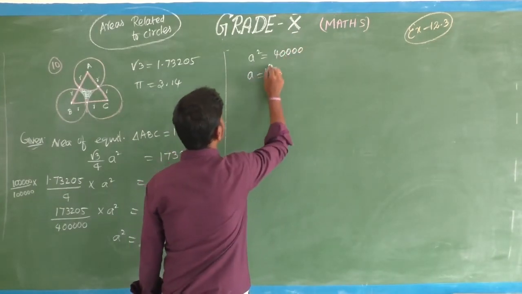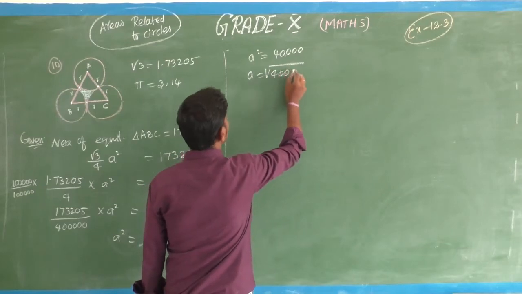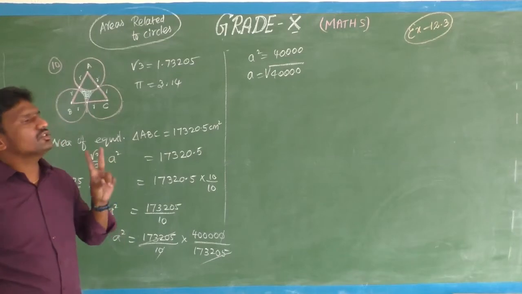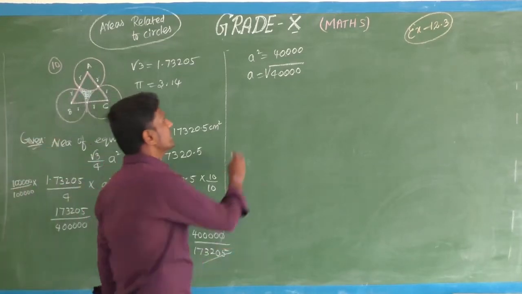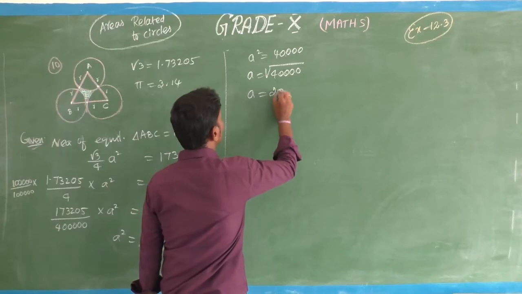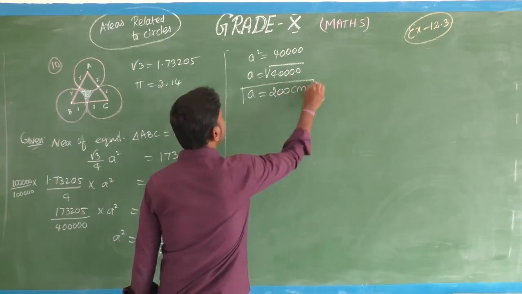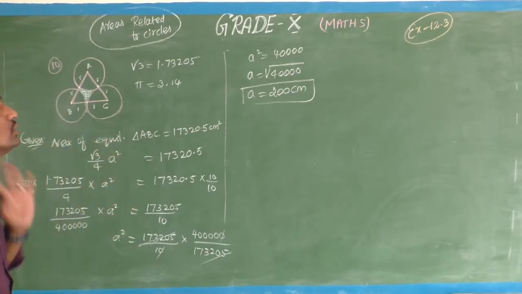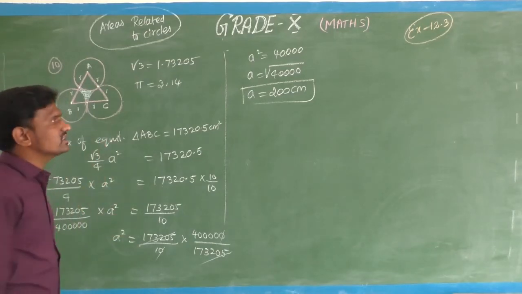Now I am going to take the square root of this number. Do you know, students, what is the square root of 4? 2, and for 10,000 you have a square root of 100. So a equal to 200 centimeter. So the side of the equilateral triangle is 200 centimeter. Yes, students. Okay.